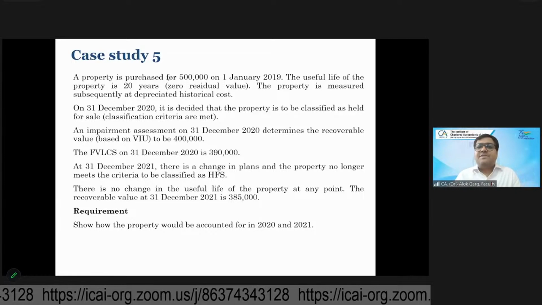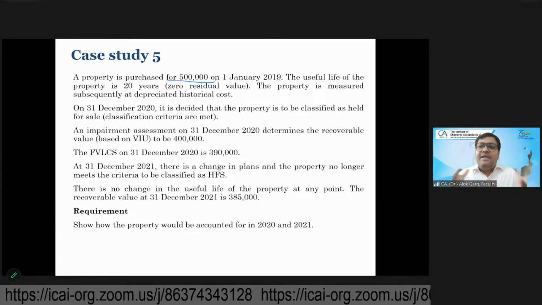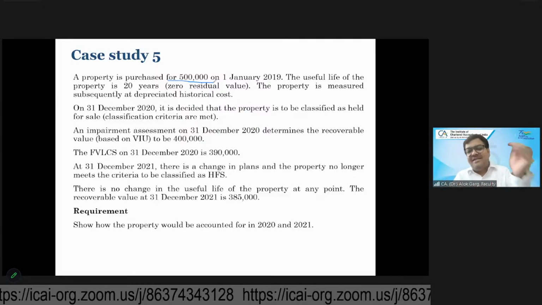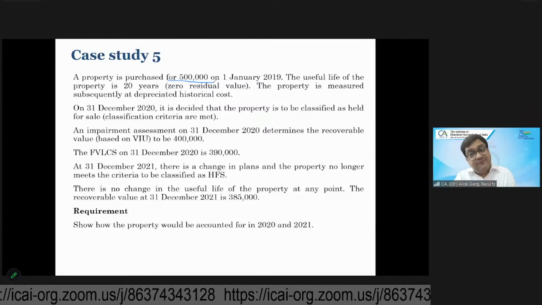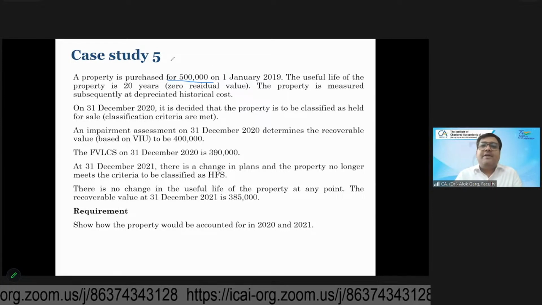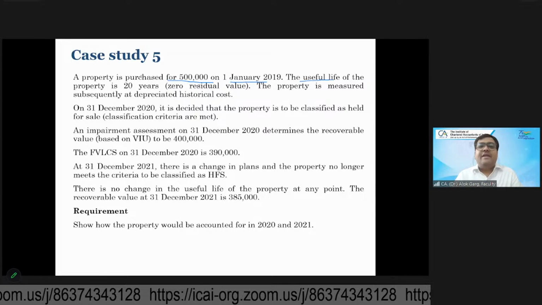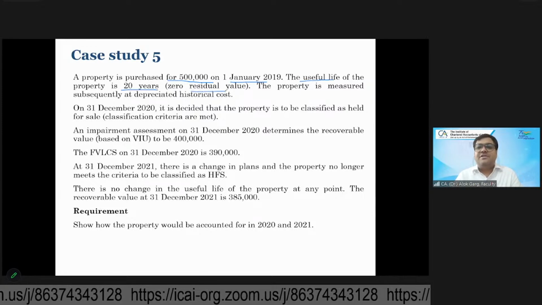A property is purchased for rupees 5 lakh. This is a very complete question on Ind AS 16 to Ind AS 105, Ind AS 105 to again Ind AS 16. A property is purchased for rupees 5 lakh on 1st January 2019. The useful life of the property is 20 years, zero residual value.